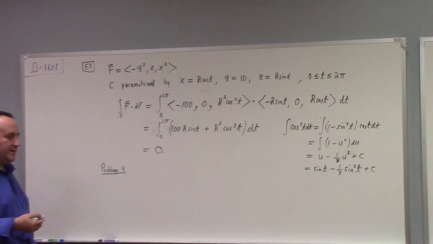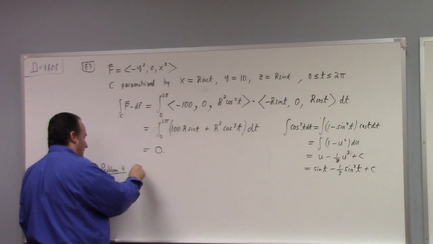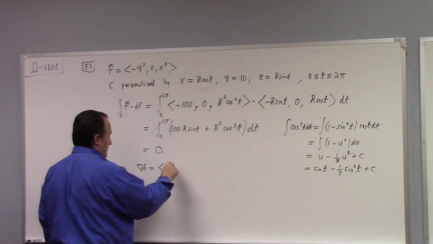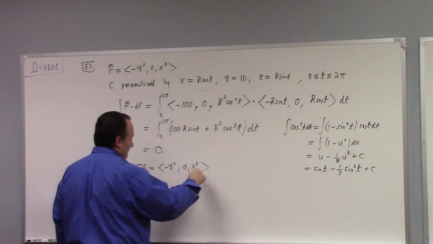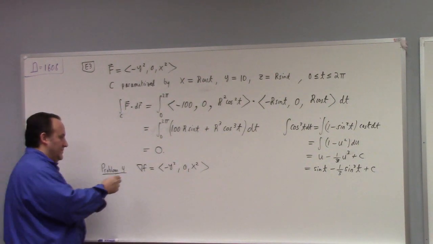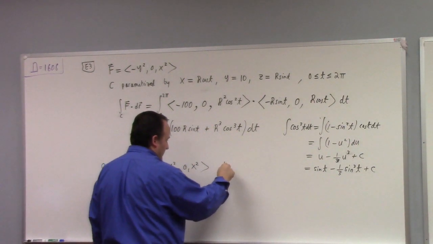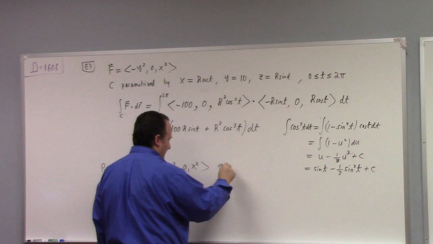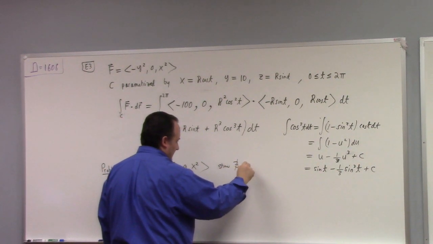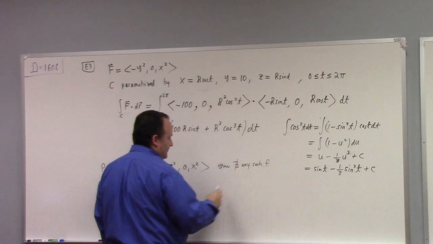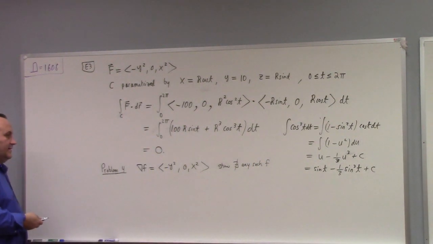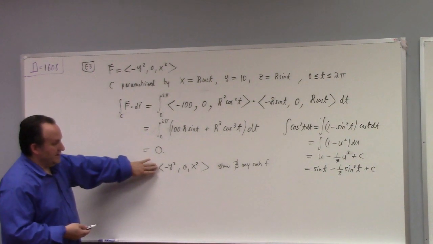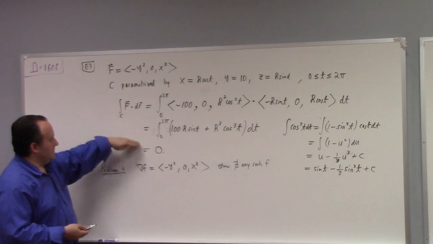Problem 4 asked if you could have the gradient of f equal to this, right? Actually, the problem was to show there does not exist any such f. And what I've just shown is that there is a vector field like this that integrates around a circle to give me 0.